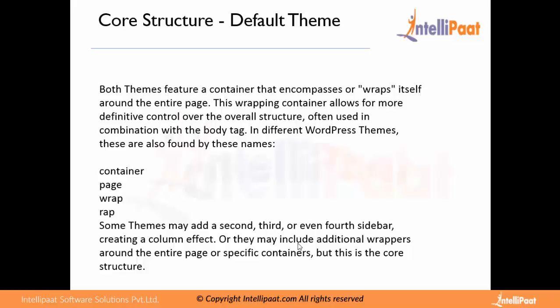In different WordPress themes, you may also find classes or divs named as container, page, wrap. Some themes may also add a second, third, or even fourth sidebar, creating a column effect, or they may include additional wrappers around the entire page or a specific container. But this, what I explained to you, is the core structure, which is generally followed and then edited further.